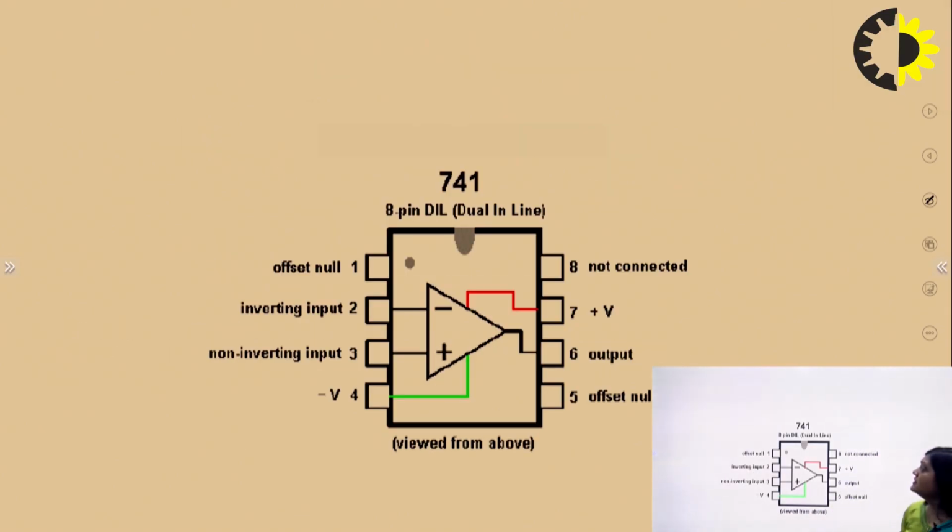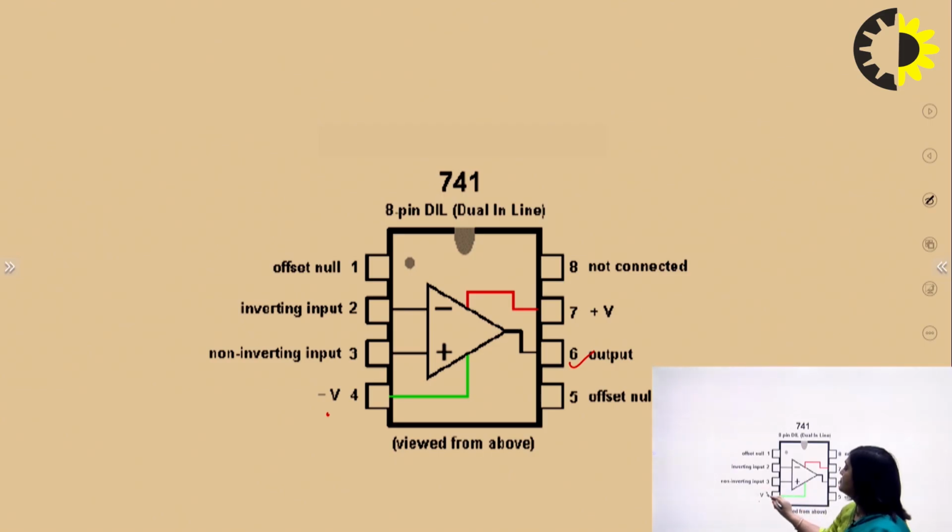And this is the pin diagram of the IC 741 that is used for the op-amp. It is an 8-pin IC in which 7 pins are functional, 4 pins are input pins and 1 pin is the output pin. Pin number 6 is the output pin. Pin number 2 is the negative inverting input pin, and pin number 3 is the non-inverting input.